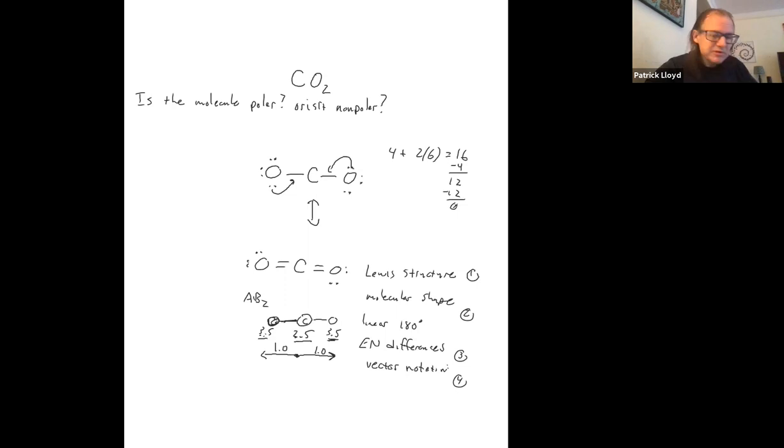So what do we have? We had case 1, case 2, case 3. Case 1 was where they're opposite directions, same magnitude. In that case, they cancel each other out and you get 0. So vector A plus vector B is equal to 0. If it's 0, that means there's no polarity.